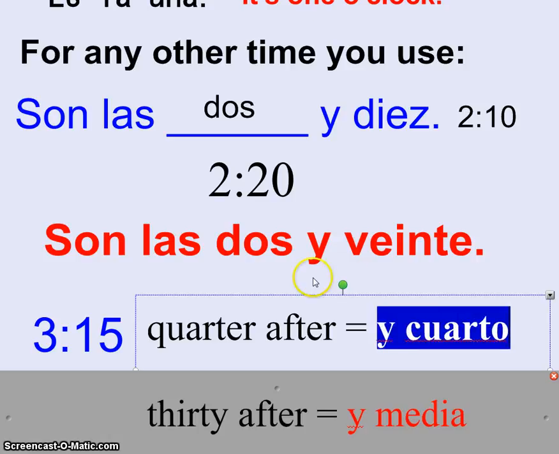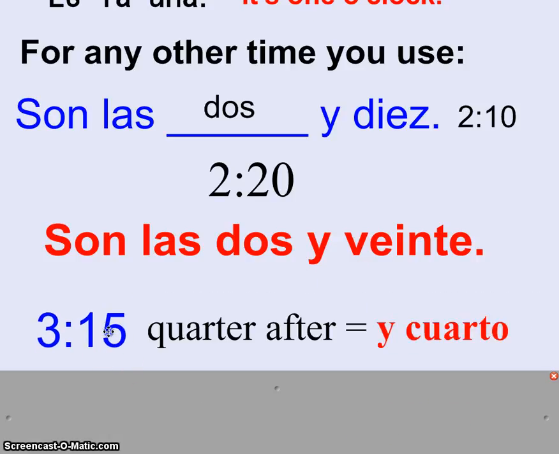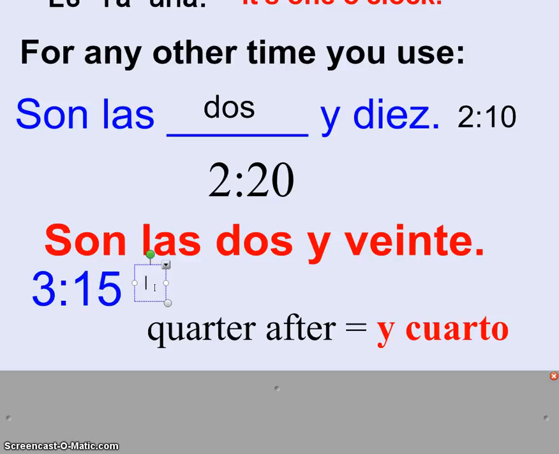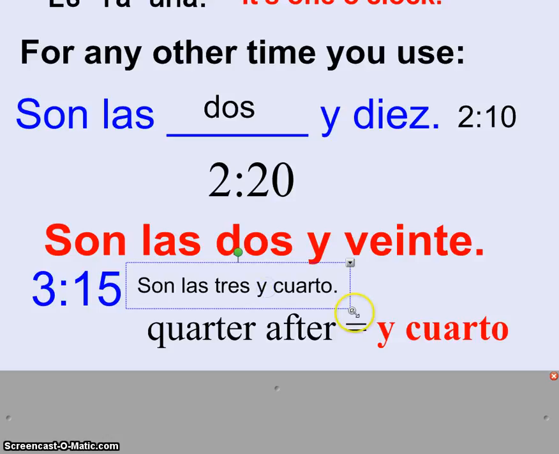Y cuarto. Let's make that in bold there. So for example, if it was 3:15, let's answer that one. Of course, we start off with it's 3. Son las 3. And then I want to say and quarter, y cuarto. Now, notice that the word cuarto and the word cuatro, 4, look very similar.